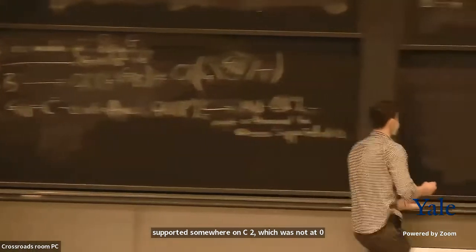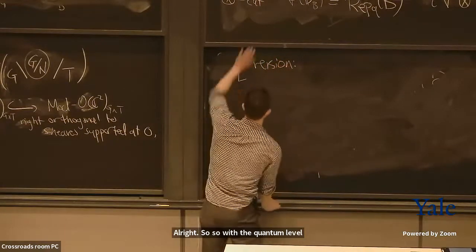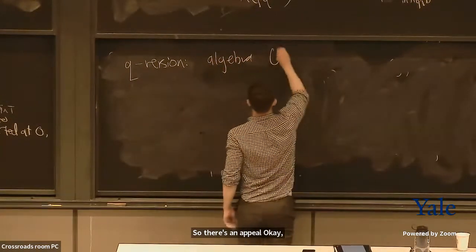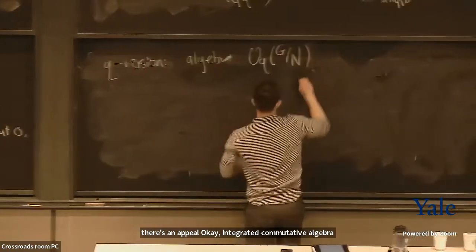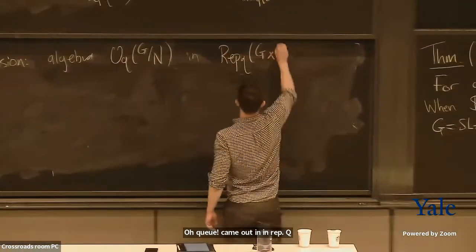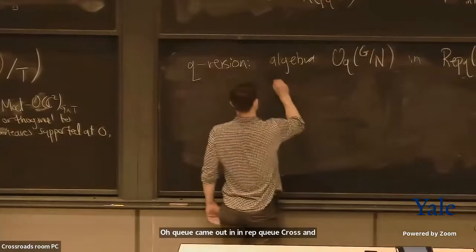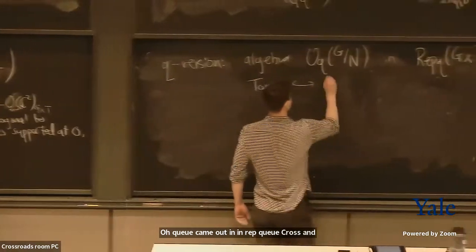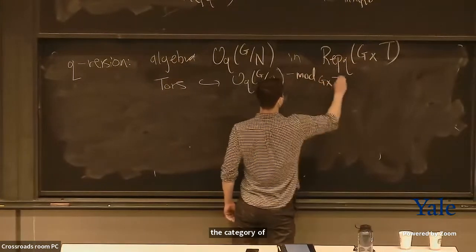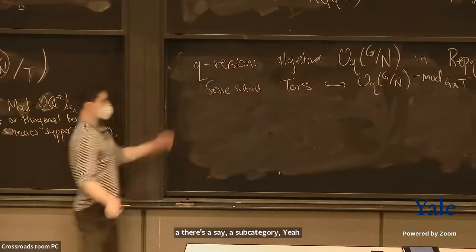Okay, good. So at the quantum level, there's an algebra object, in fact a braided commutative algebra, OQ P mod n, in rep Q P cross T. And inside of the category of G cross T equivariant modules over this algebra, there's a Serre subcategory of torsion in the appropriate sense.